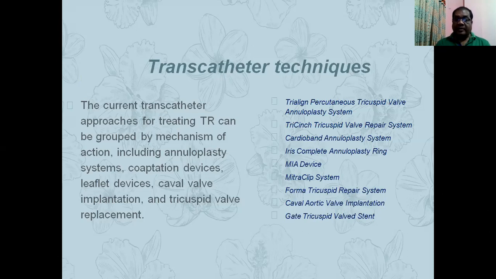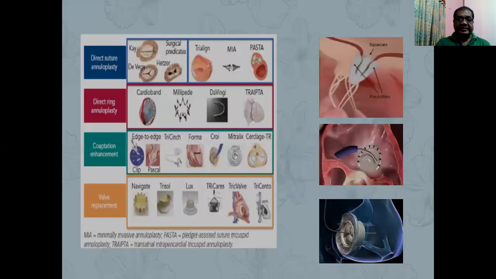Then there are the Pascal tricuspid repair system, caval valve implantation, and the Gate tricuspid valve system. So there are a lot of devices in the market, some still under trial, that can be used for treating tricuspid valve diseases.